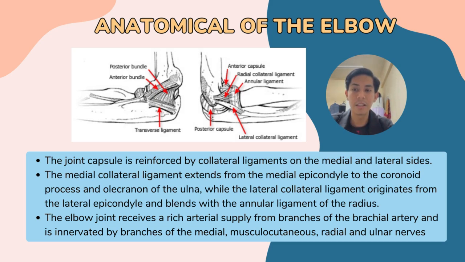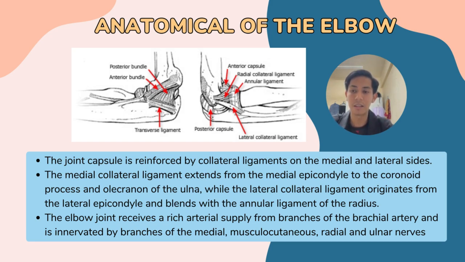The medial collateral ligament, also known as the ulnar collateral ligament, extends from the medial epicondyle of the humerus to the coronoid process and olecranon of the ulna. It consists of three parts: anterior, posterior, and transverse. The lateral collateral ligament, or LCL, originates from the lateral epicondyle of the humerus and blends with the annular ligament that encircles the head of the radius.